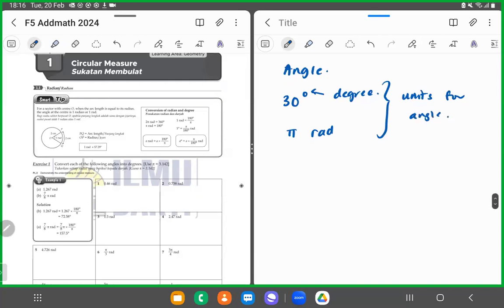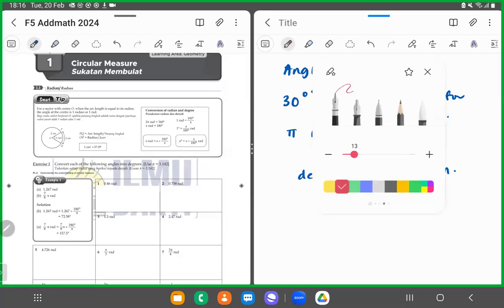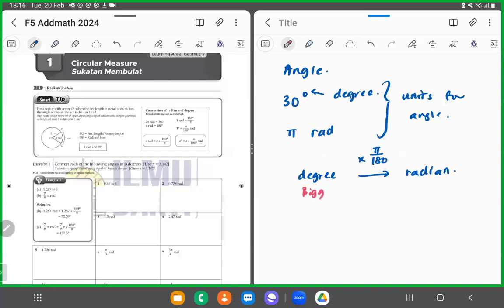If I have degrees and I want to change it to radians, I will need to multiply it by pi over 180. You always need to remember, degree is a bigger number and radian is a smaller number.